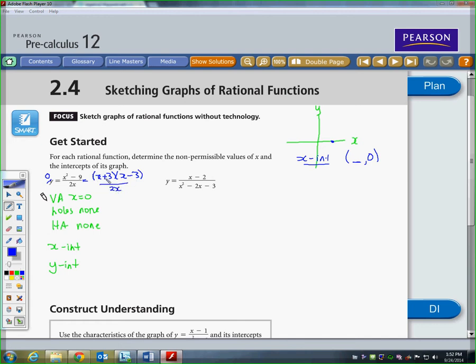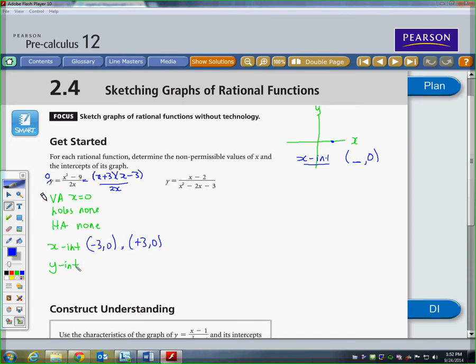Either of those expressions will be 0 when x is positive 3 or negative 3. So my two intercepts will be negative 3, comma 0 as my first one, and my second one is positive 3, comma 0. So I have two x-intercepts.